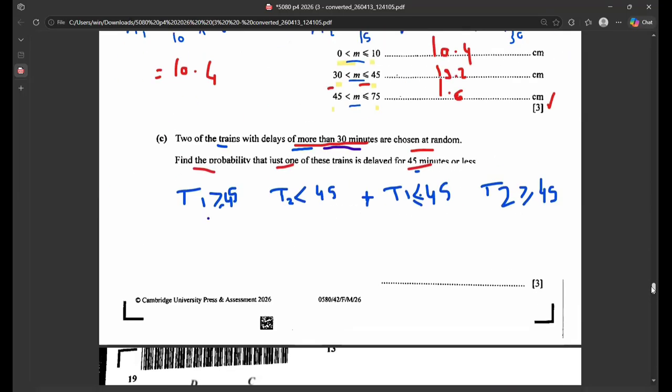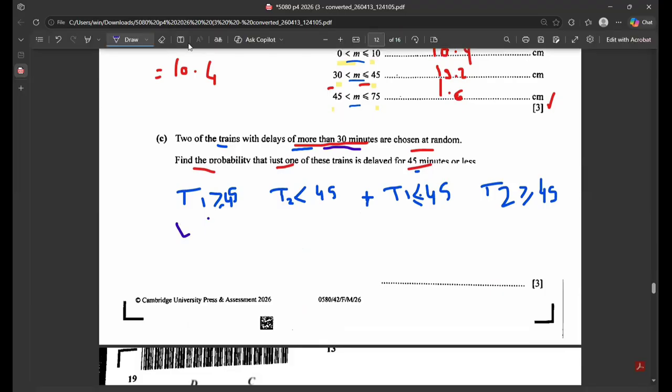So we say here 42. We have 36 and we have 6.